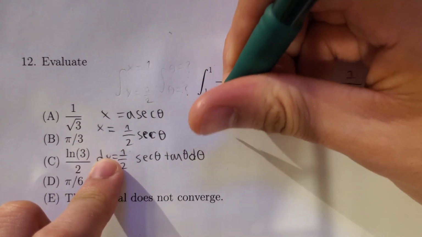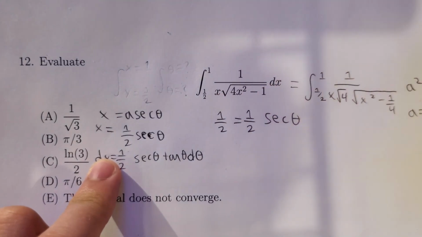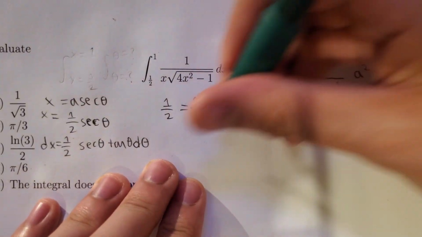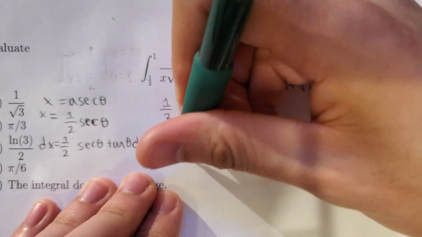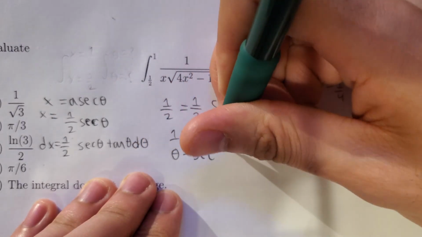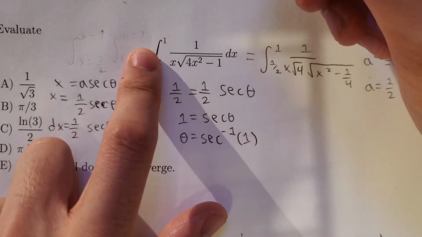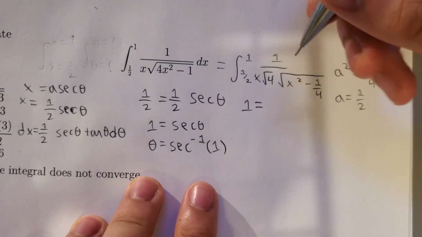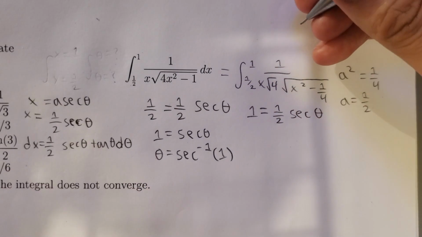So let's say that 1/2 is equal to 1/2 secant of theta. So from here, the 1/2s cancel out. So we can say that 1 is equal to secant of theta. So theta is going to be equal to the secant inverse of 1. And then we can do the same thing for the upper boundary and say that 1 is equal to 1/2 secant of theta.